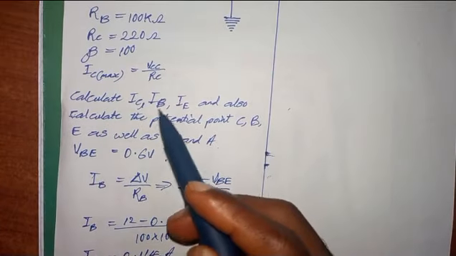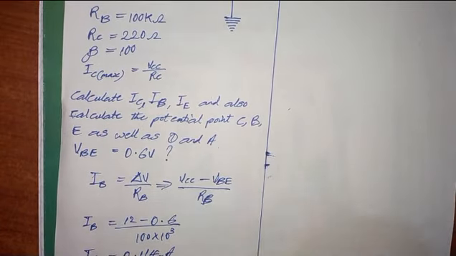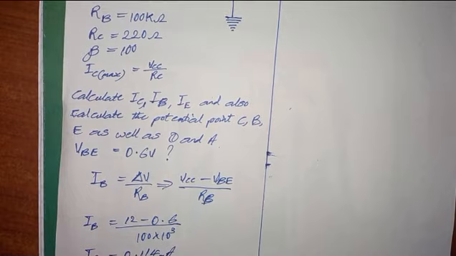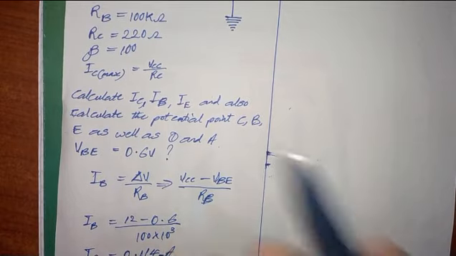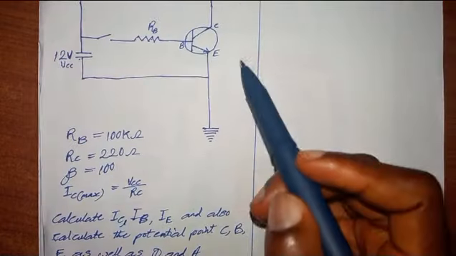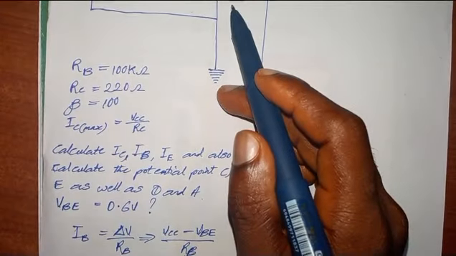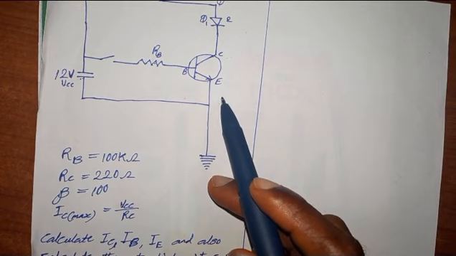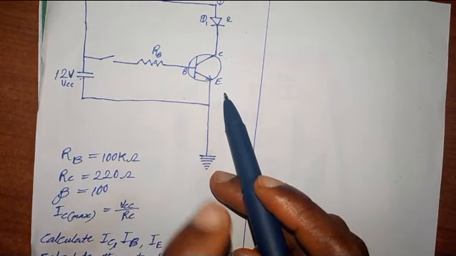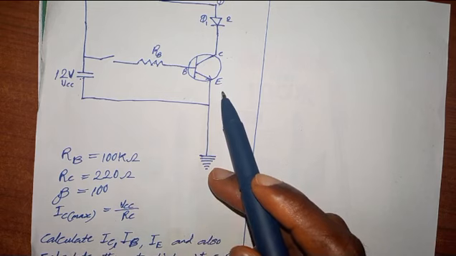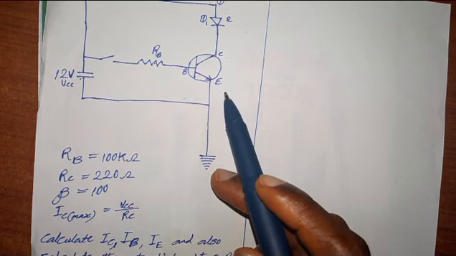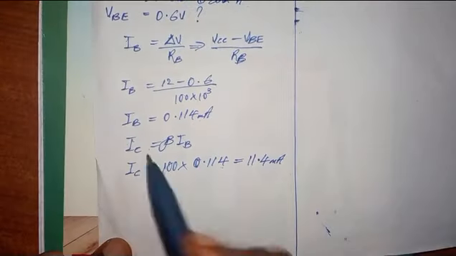Now we have solved for the current flowing through points B and C. So let's go into the current flowing through point E. Note, the current flowing through point E is different from the voltage at point E. We will also solve for that, so that you know there are two different things.